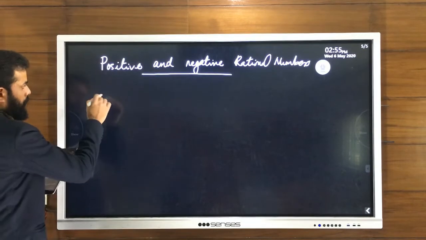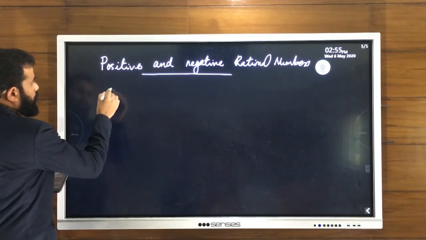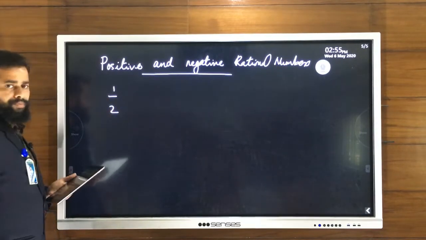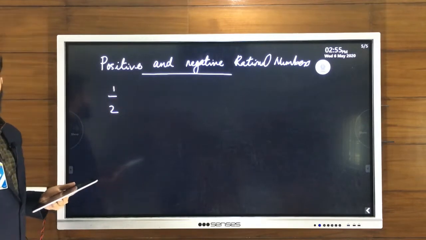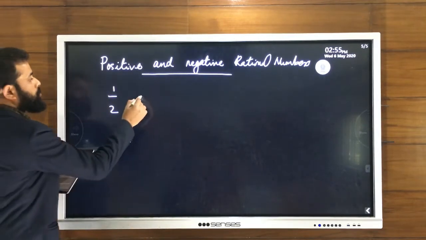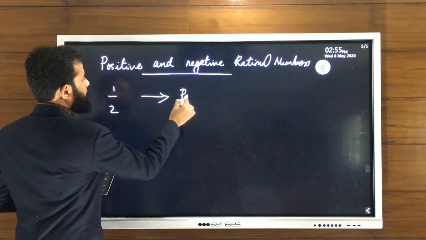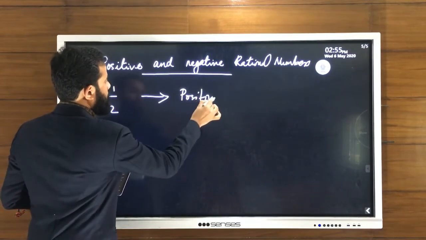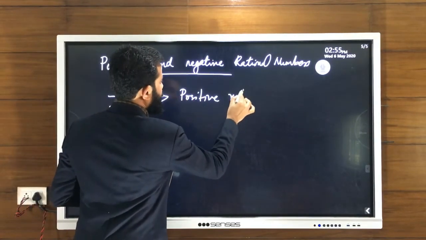For example, 1 divided by 2. 1 is a positive number, 2 is a positive number. So, this is a positive rational number.